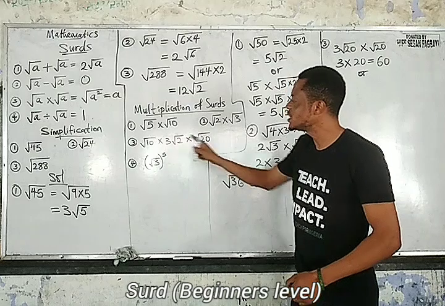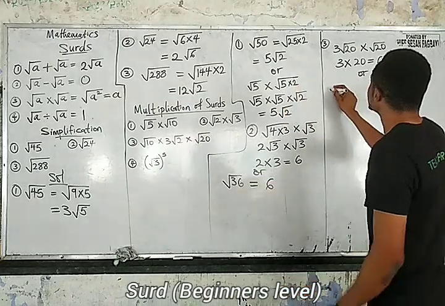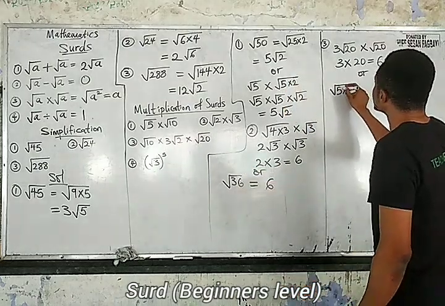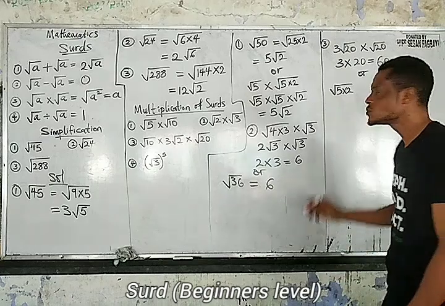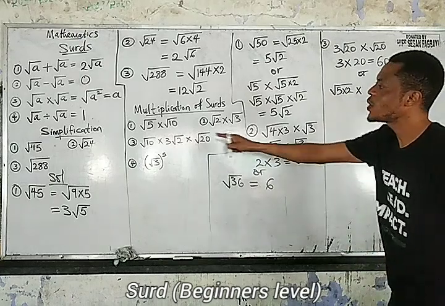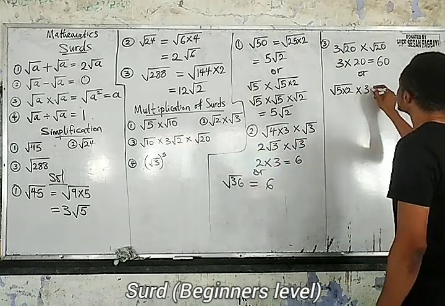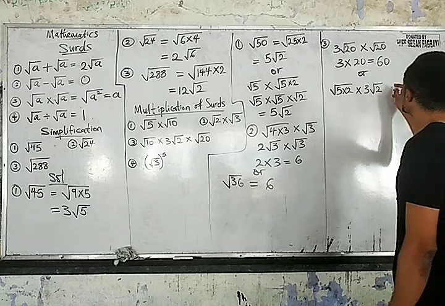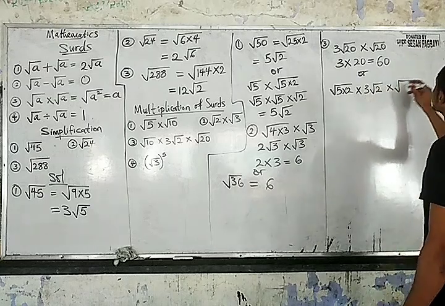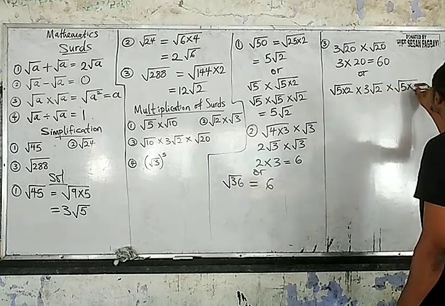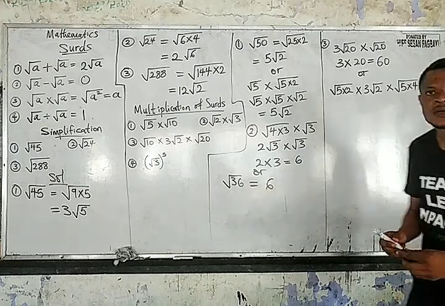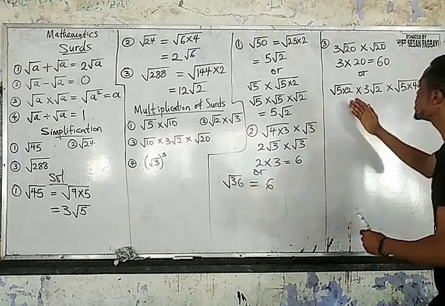Another method could be to simplify this and this: 5 times 2. We have 3 root 2 here. Now we move from here.